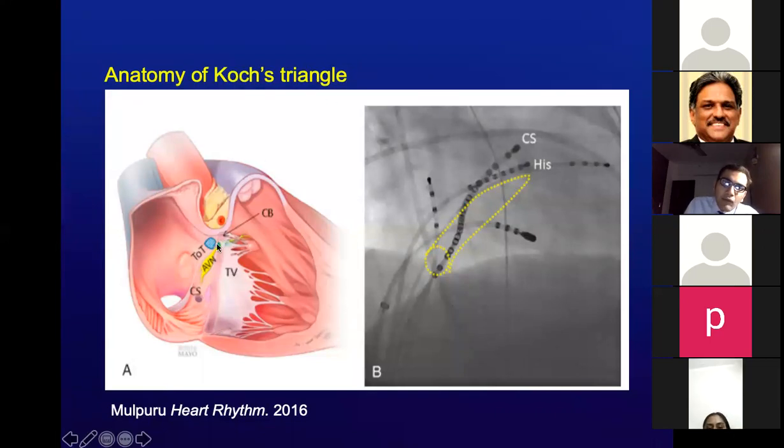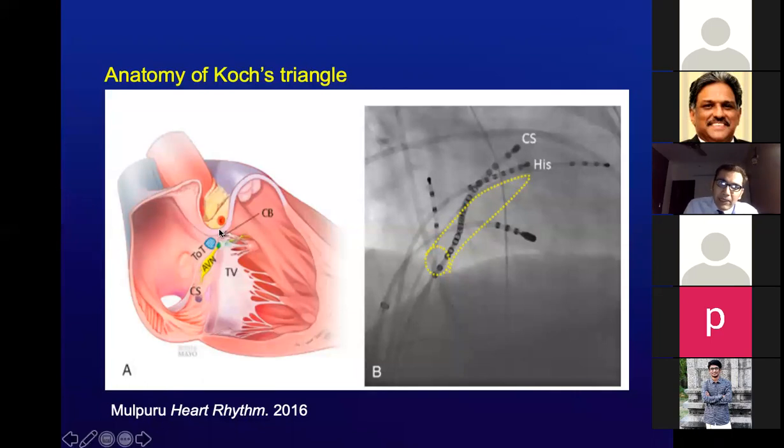This is where one of the most common reentrant arrhythmias of the heart, also called AV nodal reentrant arrhythmias, originates and has its circuit. So this particular anatomical setting is conducive to the generation of this particular arrhythmia.